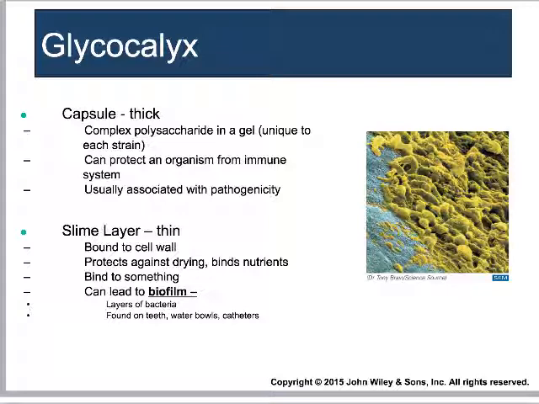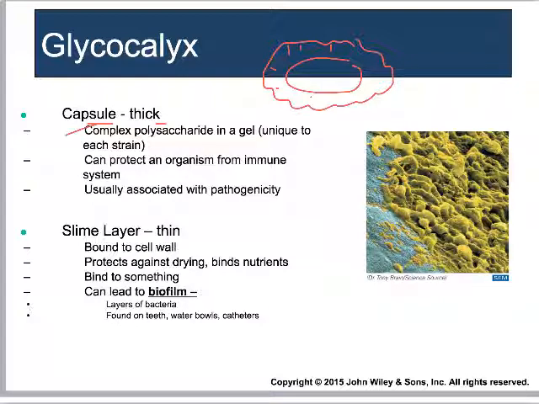Okay, now the last thing is the glycocalyx. There are two ways to describe the glycocalyx. Here's the cell, and on the outside of the cell it's got carbohydrates and proteins in it. It's this outer layer. If it's really thick, they call it a capsule.